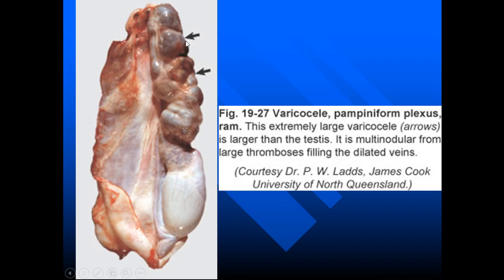The arrows point to the parts of the veins experiencing thrombosis. You can see here a multinodular form due to thrombosis, large thrombi filling the lumens of the vein.